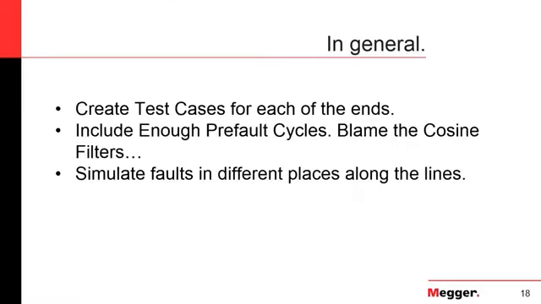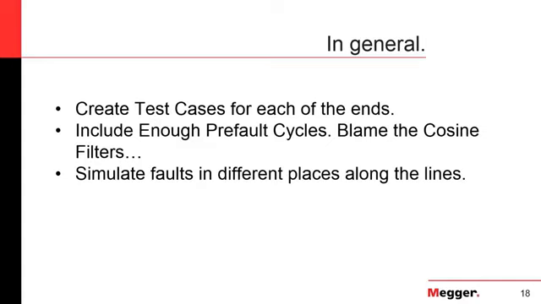In general, when you're doing end-to-end testing, you need to create test cases for each of the ends. Why do I say create test cases for each of the ends? Well, that's simple. You cannot go with the same test case for one end and the same test case for the other, because even the same fault is seen differently on both ends.